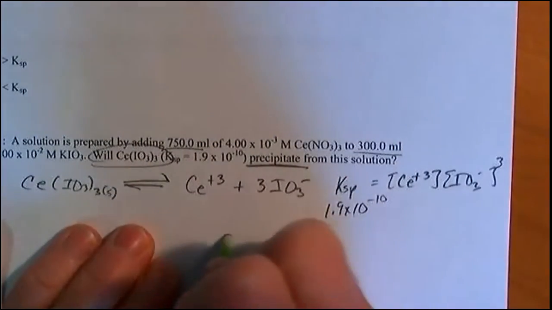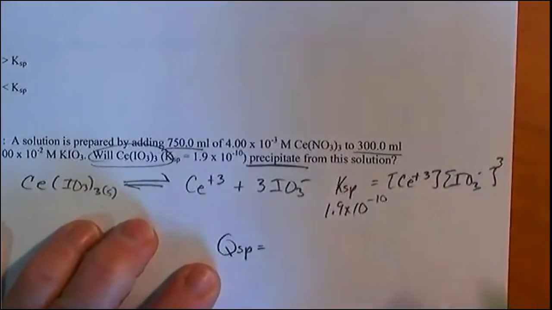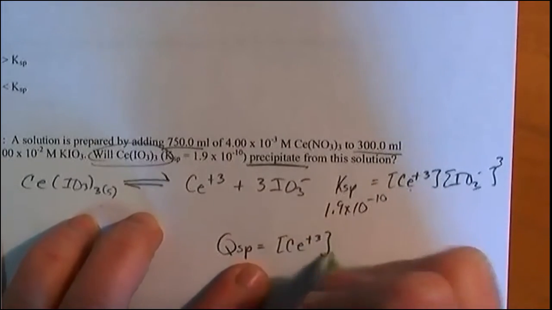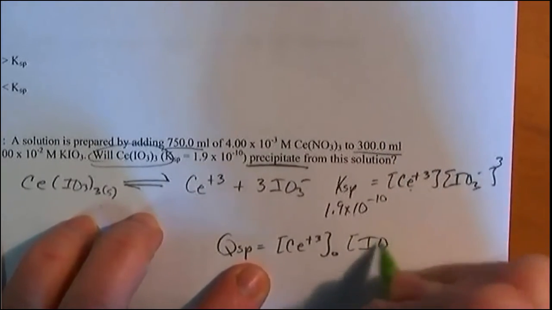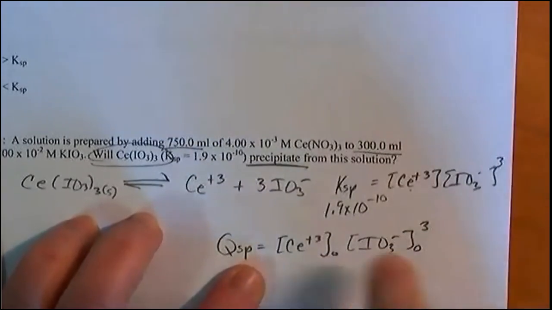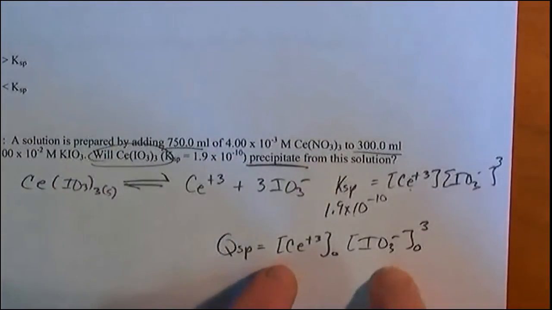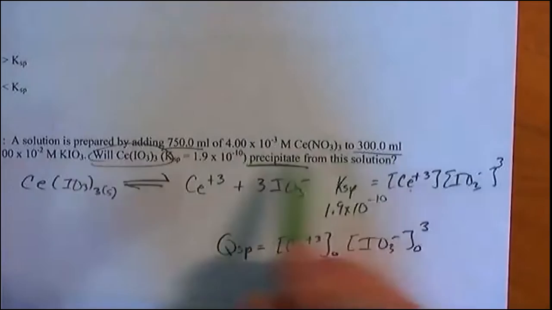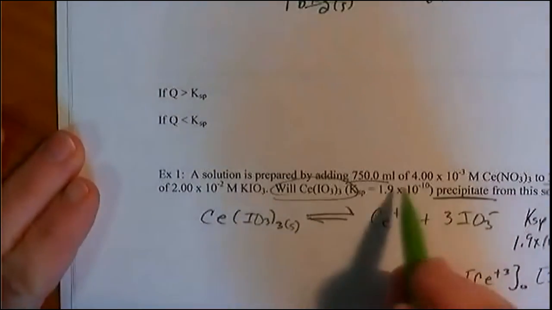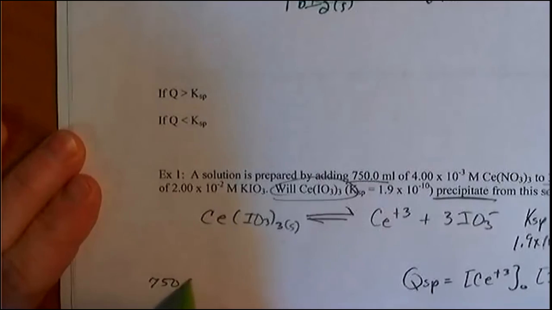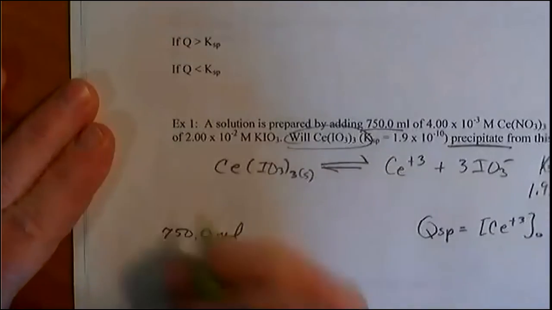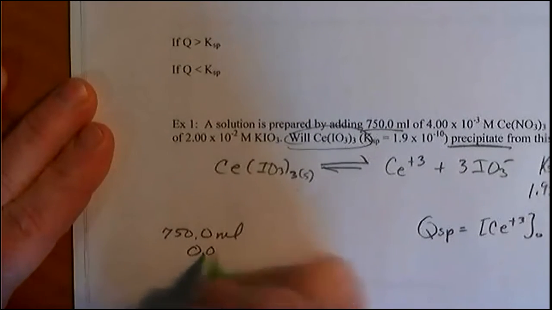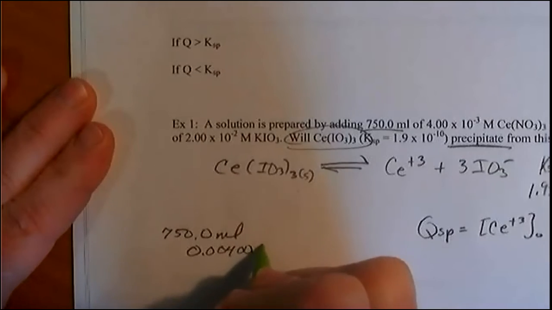All right, so QSP, it will be the concentration, and I'm going to go ahead and call it initial, of each of these. So from the given information, I need to find out what is the concentration of cerium and iodate by adding these. Okay, so I have 750 milliliters of, I'm going to take this out of scientific notation, it's up to you, 0.00400 molar.